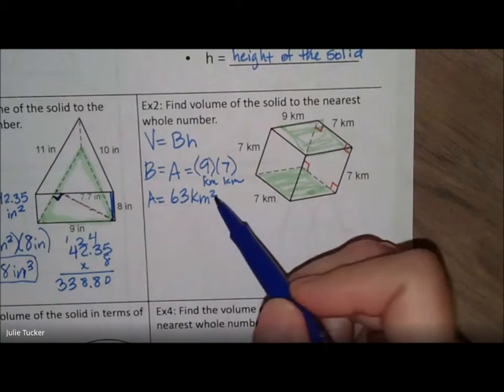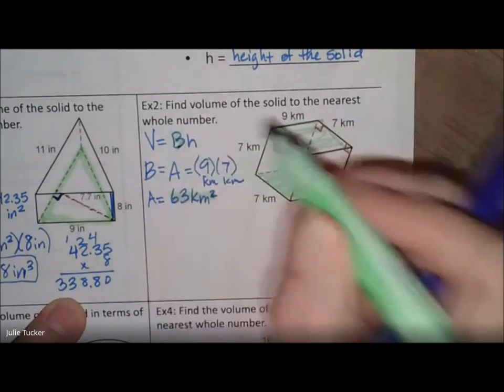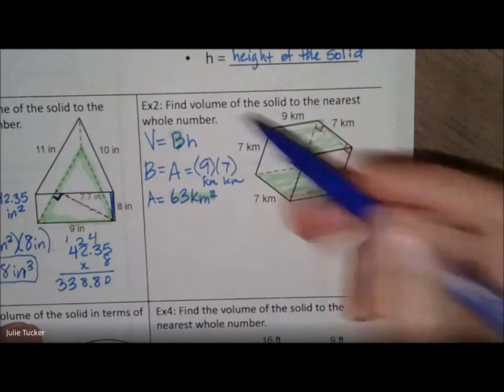So we're going to put that number for the B. And we still need to get the height of the solid.